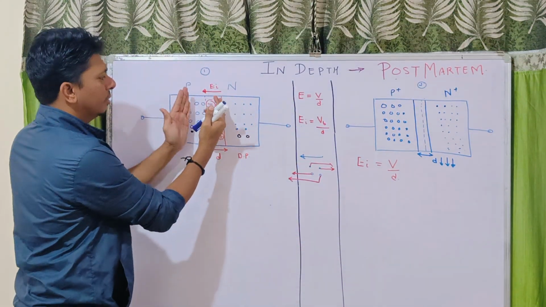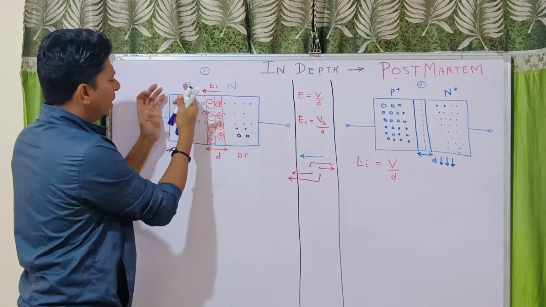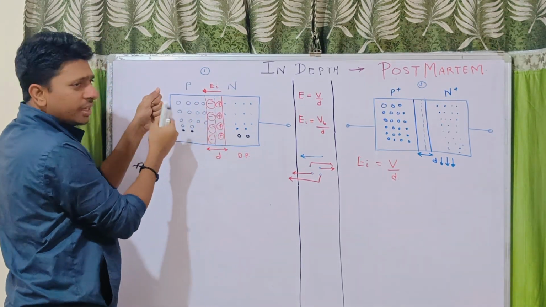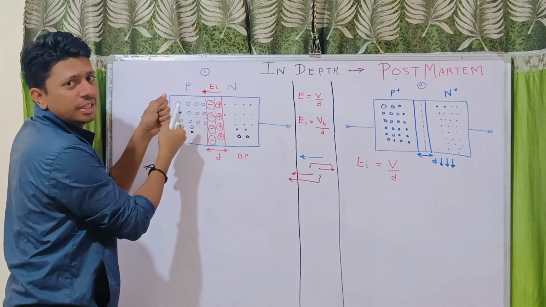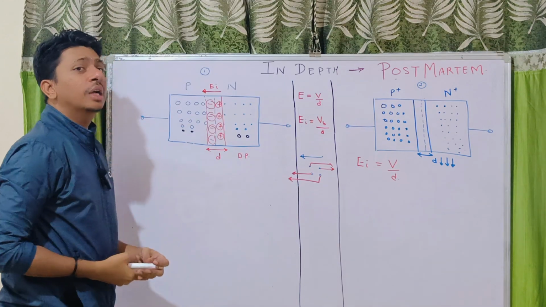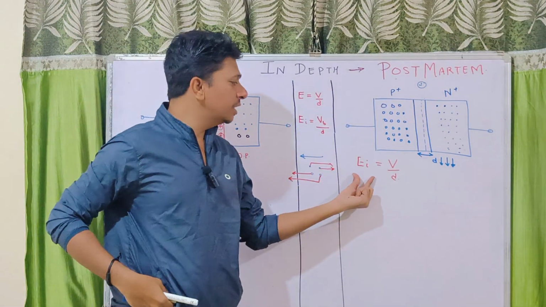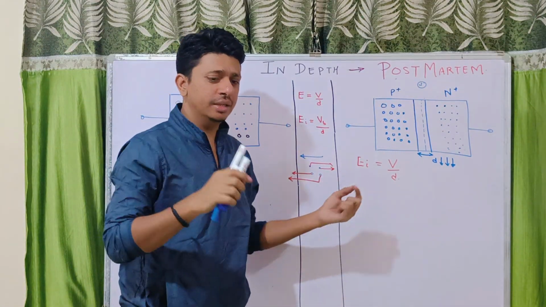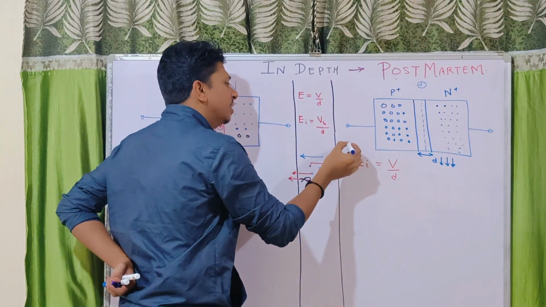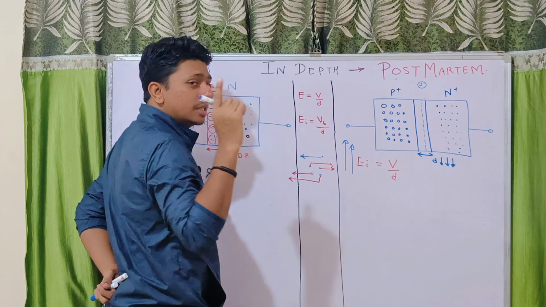Earlier, few at the junction would make a deal, they were free to move here and there, not interested in making a deal. But if this area becomes more and more concentrated, and this area also becomes more and more concentrated, they will make a deal, and due to this the internal electric field will increase. So the internal electric field will increase. This will be the first effect.